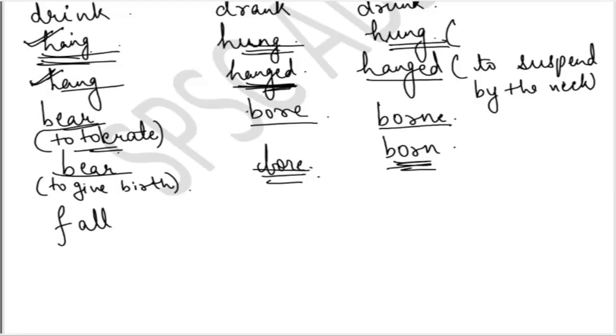V2 we use in past tenses, so we call V2 the past form of the verb. V3 is known as the past participle because we use it in different parts of tenses, in different sentences, mostly with has or have. I will elaborate once I start the tenses part.